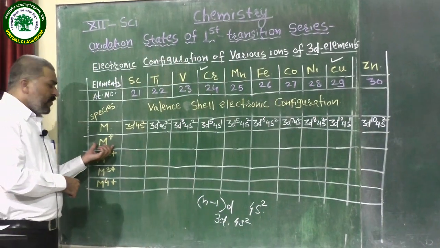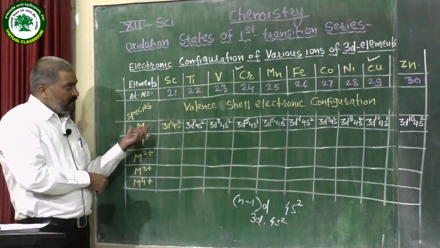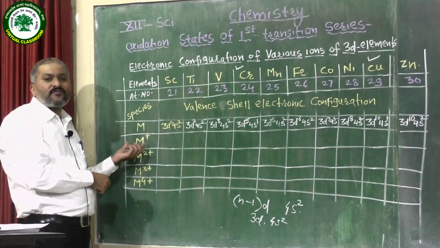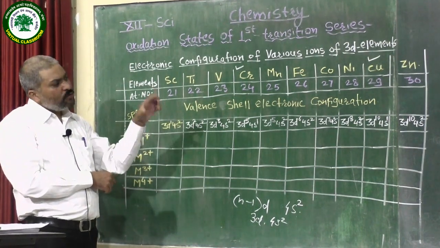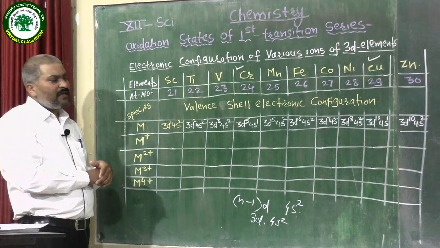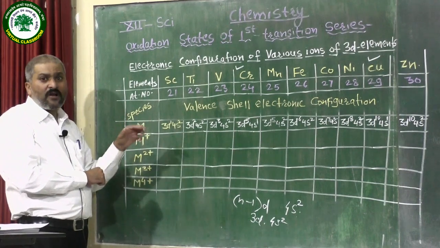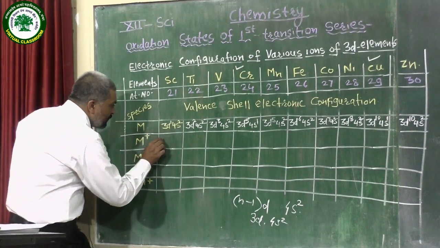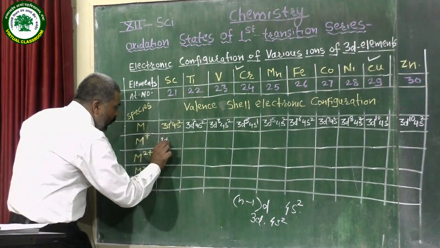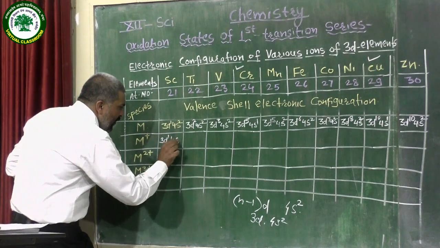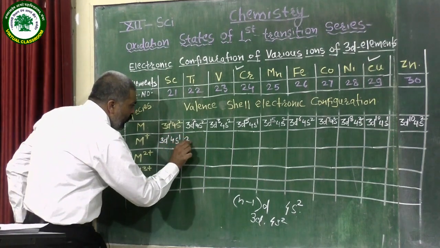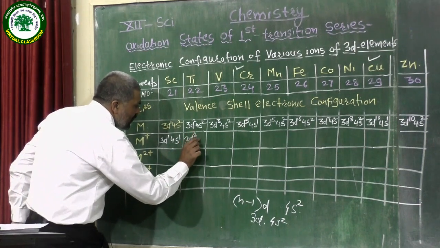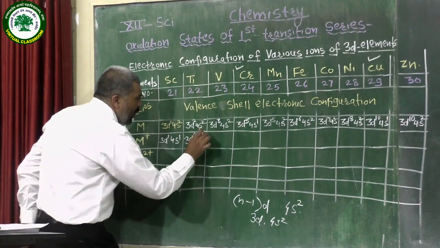First, we see here the electronic configuration of all these elements in the monopositive ion. When all the elements lose one electron from the 4s subshell, the electronic configuration becomes 3d1 4s1 in scandium. In titanium, one electron from 4s is lost, and it becomes 3d2 4s1.